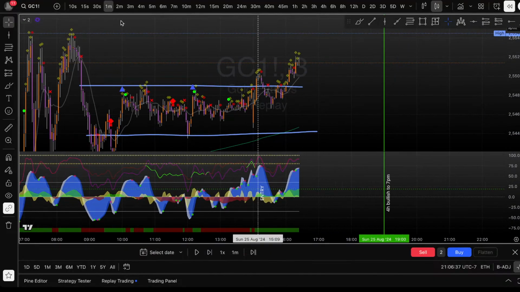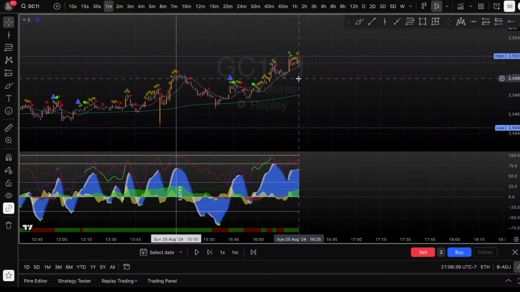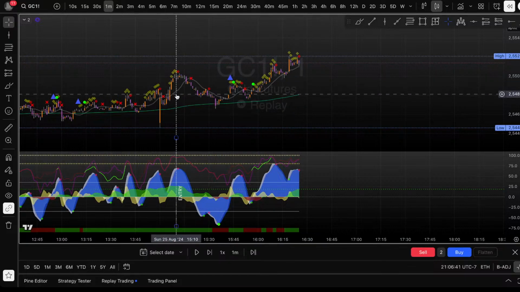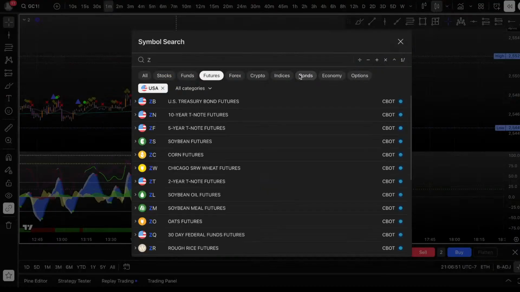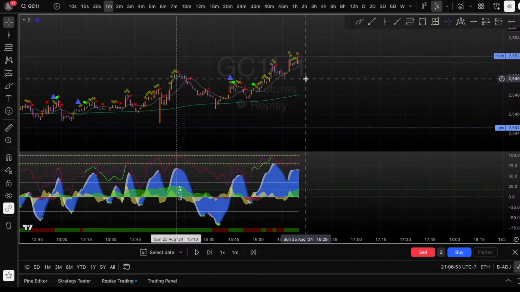Let's catch up on TradeZella. We've been in this trade now. We got in at 15.10. We're at 16.25. So an hour and 15 minutes.